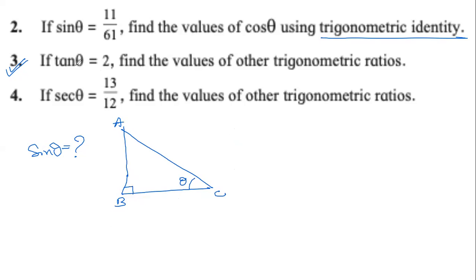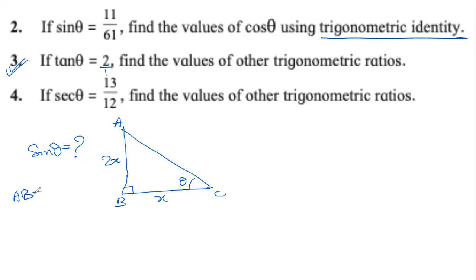Now since it is given as tan theta equals 2, we will say that the opposite side is 2x. 2 is 2 by 1, and the adjacent side is x or 1x. What we cannot do is say that AB equals 2.